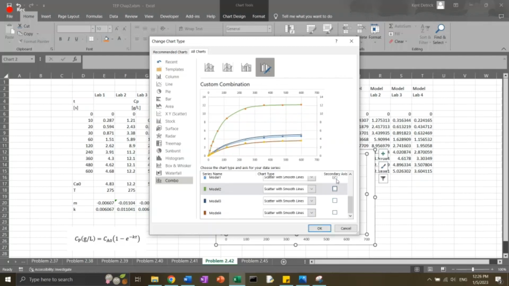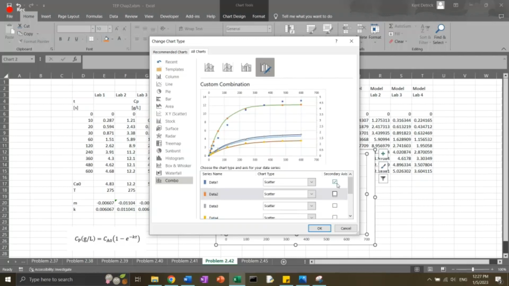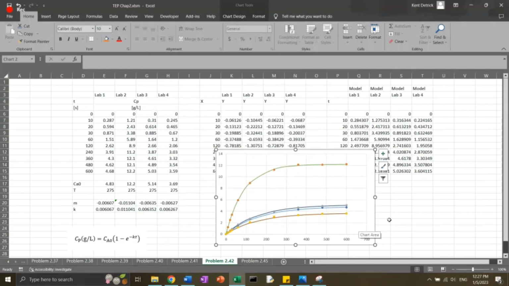We will adjust all of these to be on the same axis, so we don't have multiple axes. Okay. Now it looks a little less busy. We can see the models are lining up pretty well with the data points here.